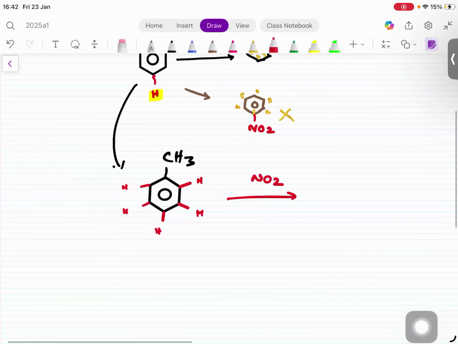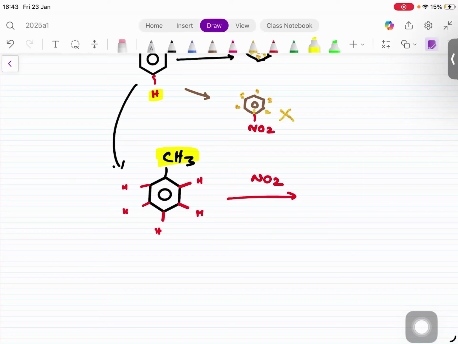It is the choice of this CH3, where to direct the incoming NO2. It is just like a house. One tenant has occupied. Now that tenant has to decide where the further incoming tenants have to go. On the second floor, third floor, fifth floor, sixth floor. Are you getting my point? So whenever a group attaches on a benzene ring, that group decides where the next incoming group will go.